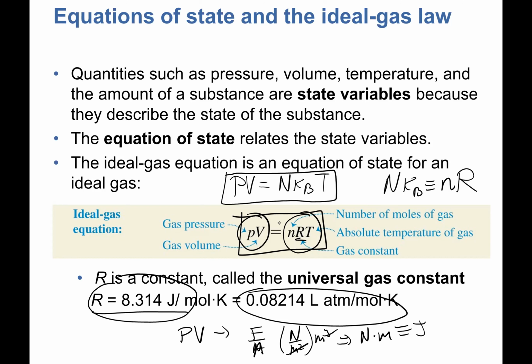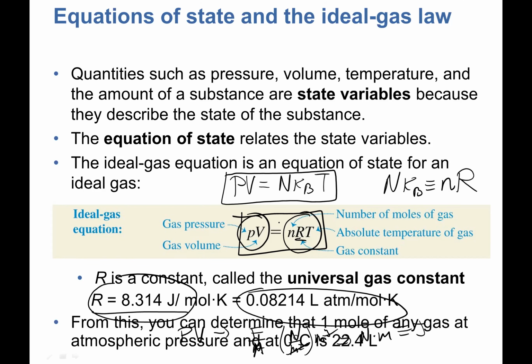When you decrease volume, pressure increases. That means you should be able to more or less predict some of those things that we just talked about. All right. So now here's what we also have. From this, you can determine that 1 mole of any gas at atmospheric pressure and at 0 degrees is 22.4 liters. Okay, so using this, you basically can demonstrate that.